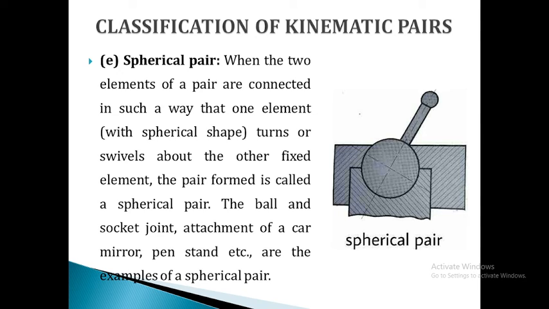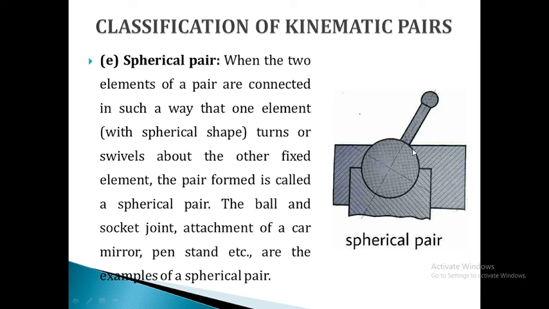The ball and socket joint is an example of a spherical pair. Attachment of a car mirror is also another example of spherical pair. Pan, stand, etc. are examples of a spherical pair.